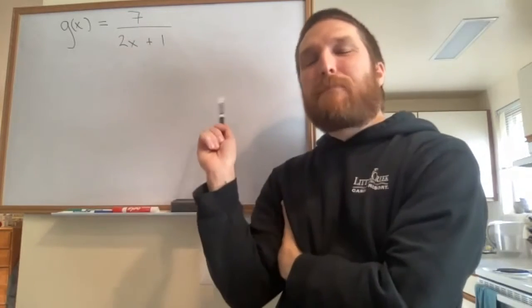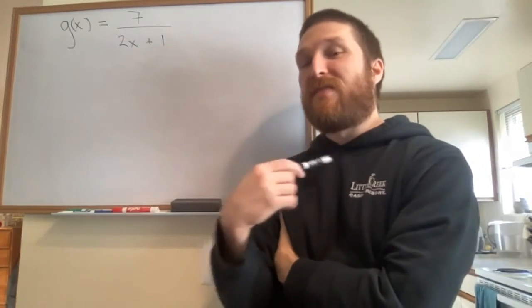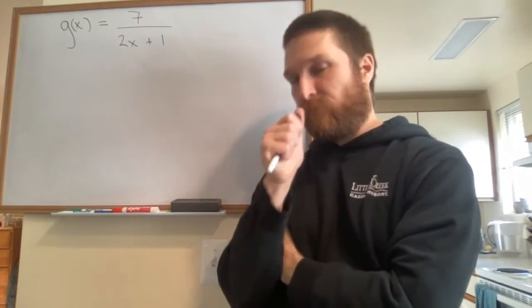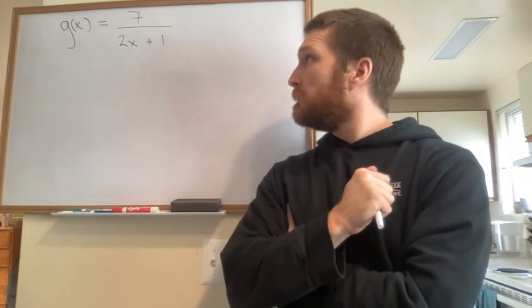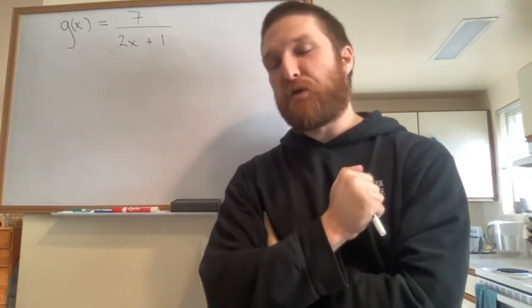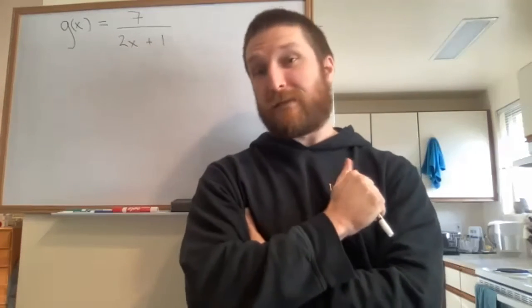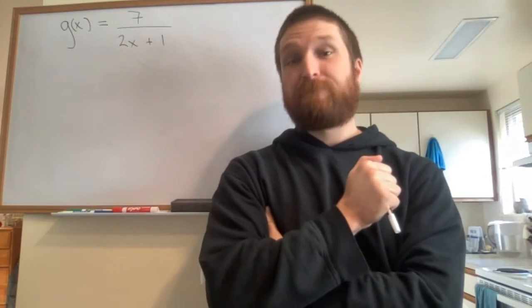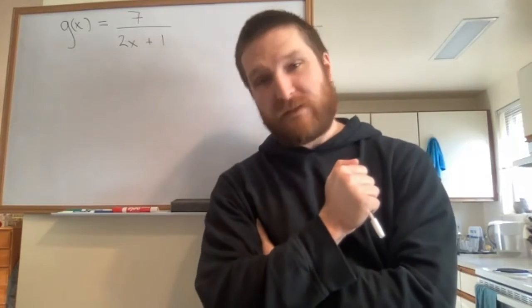What's the only problem we might have with this type of thing? In fact, what's the only thing that we can't do? There's one operation really that we can never do. What is it? Can't divide by 0.